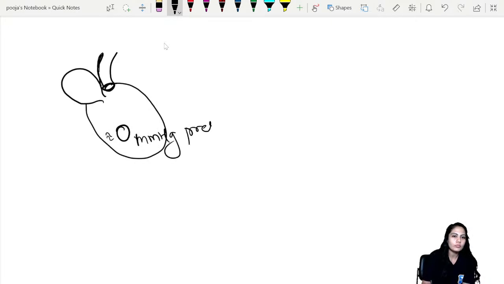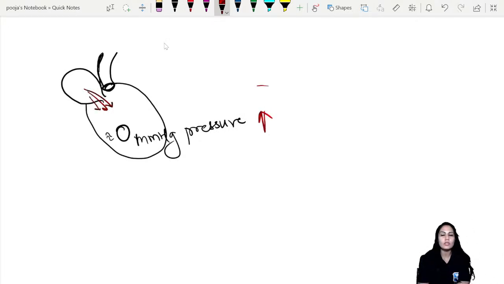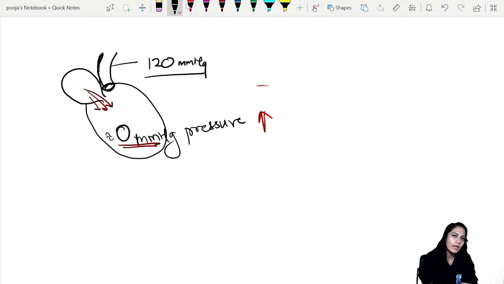Now as the blood starts to fill from here, this pressure is going to increase, slowly, steadily, gradually. After filling, some 10 mmHg of pressure is there. Still, in the aorta there is 119 or 120 mmHg of pressure. We have to exceed that pressure.